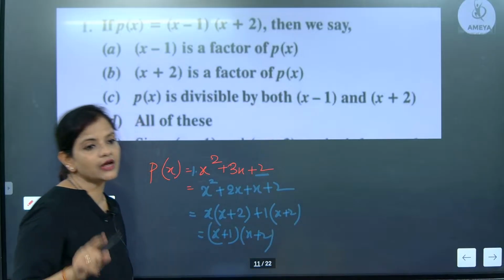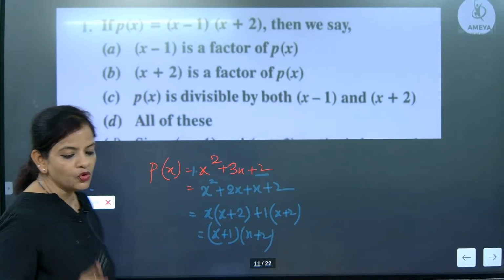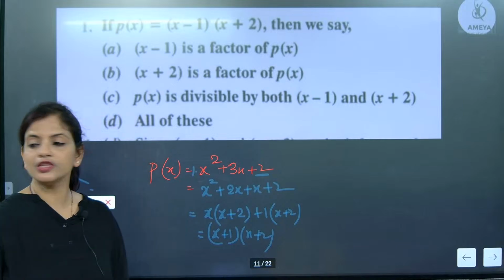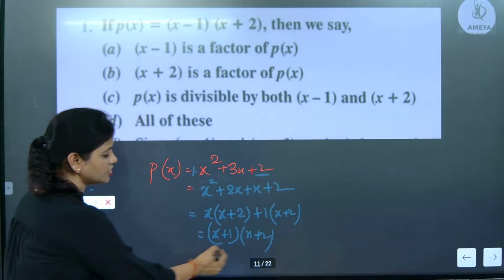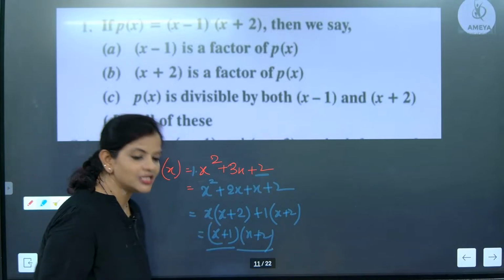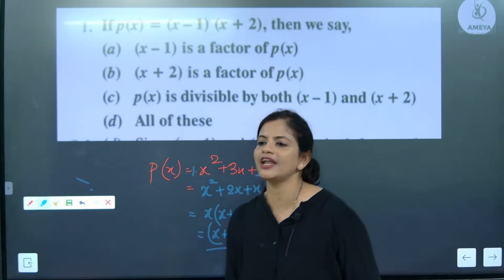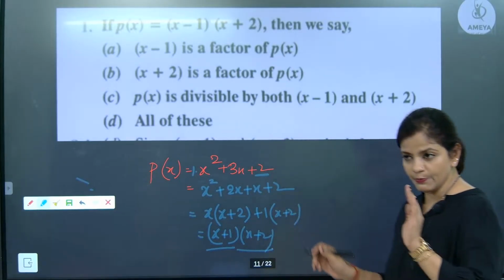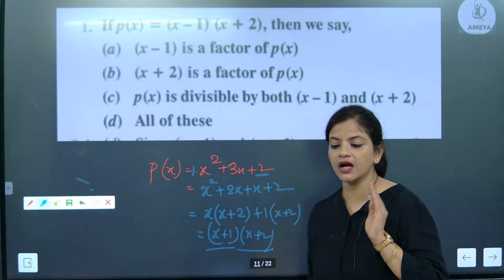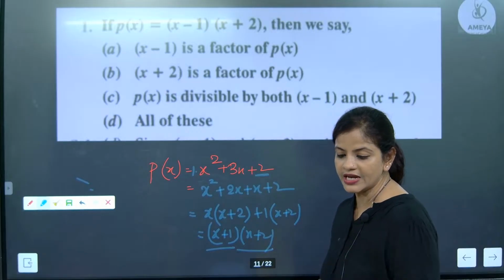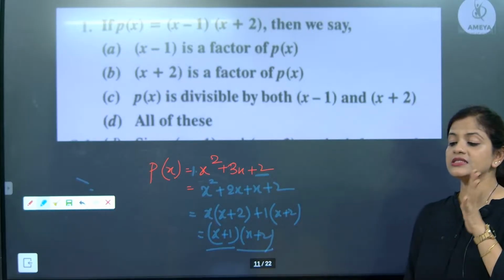Now beta, understand one thing very nicely. I'll prove it to you today and it will be with you always. Now please pay attention. These x plus 1 and x plus 2 are called factors. So in polynomial, remember one thing, I am explaining it very nicely, children. Try and understand this part.